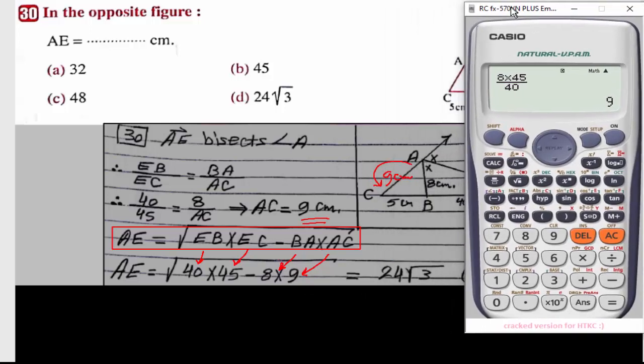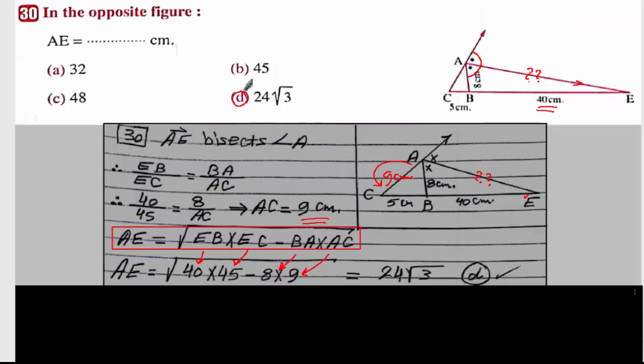Here it will be 24 root 3. So we write the square root of 40 multiply 45 minus 8 multiply 9, it is 72. And the result equals 24 root 3. And you will choose letter D.